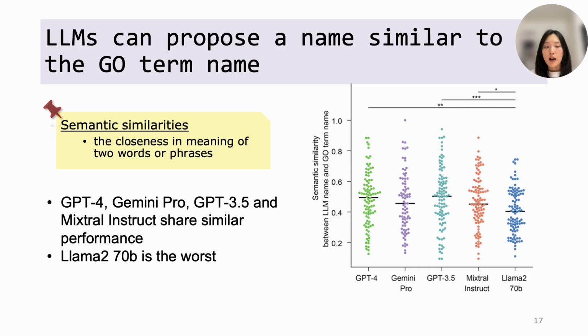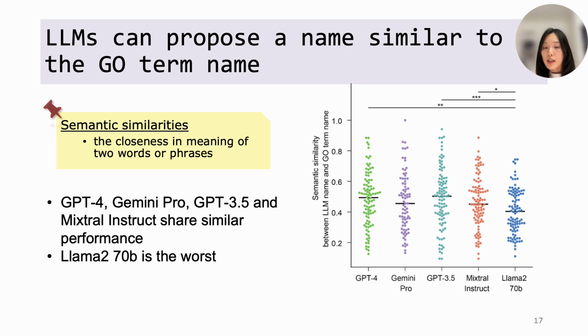To measure how much the LLM name recovers known knowledge, we use a metric called semantic similarity. This is a metric that evaluates the conceptual closeness between two words or phrases, not just their exact match. What that means is, for example, socks is closer to shoes, but further away from airplanes. So we use this metric to measure how close the LLM-proposed name is to the human-curated description in the GO term.